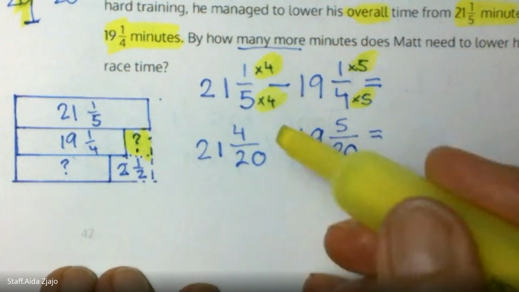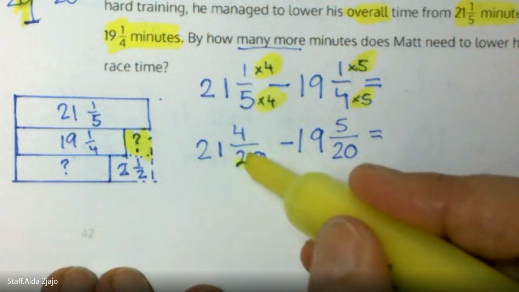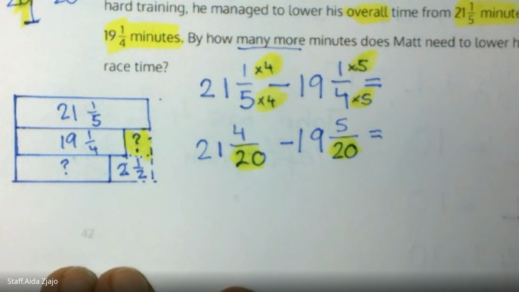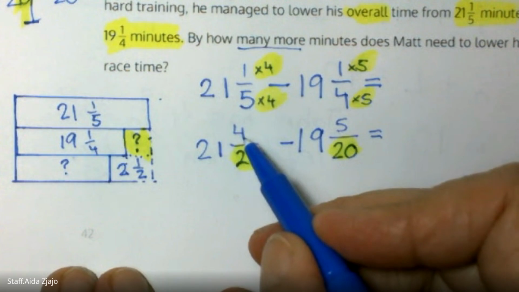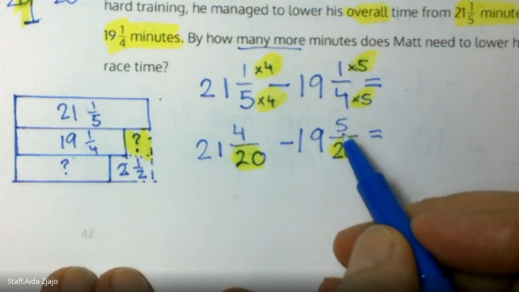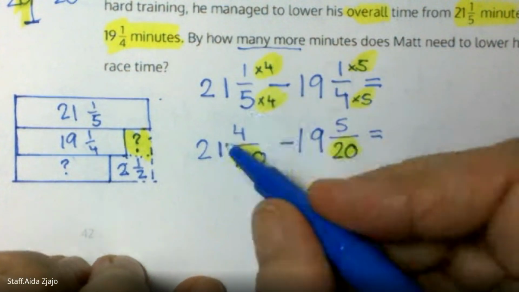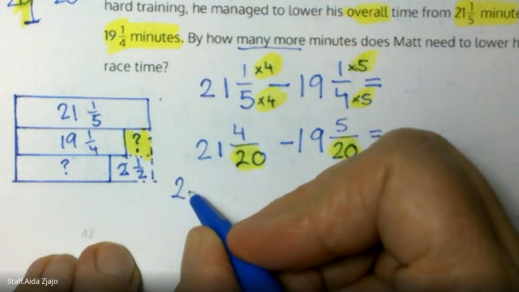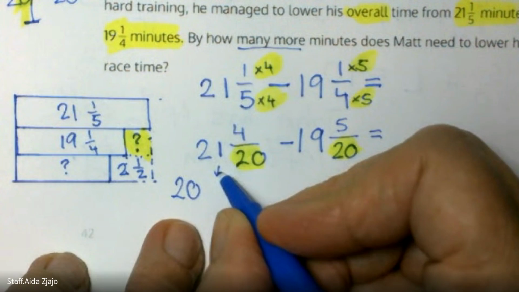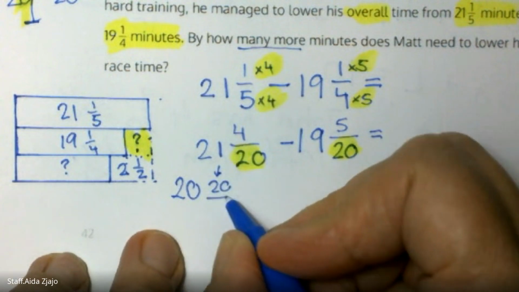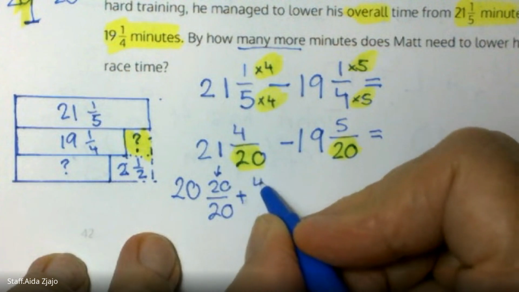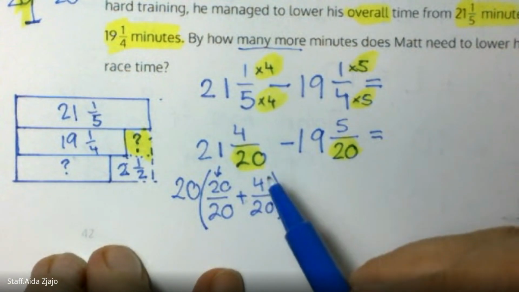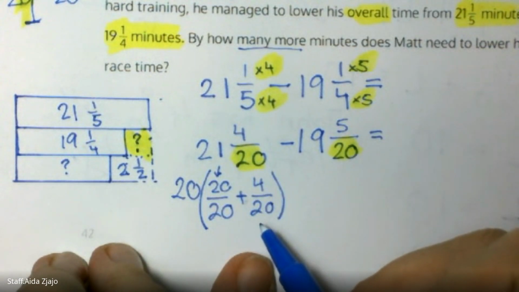This doesn't work because I have 4 twentieths and I need to take away 5 twentieths. So I need more here in order to subtract 5. I'm going to regroup one whole. It will stay here 20, and one whole gives me 20/20 plus the 4 that I had. Together, they make 24/20.